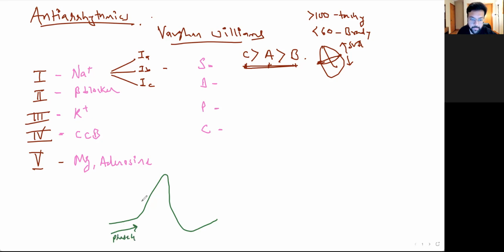What is this? Phase 0. Very good. And this one? Phase 3. Very good. Phase 4, which is also called, what kind of channels do we have here?